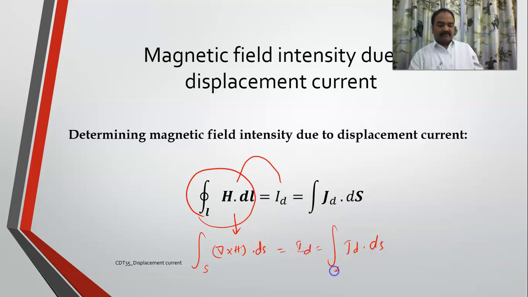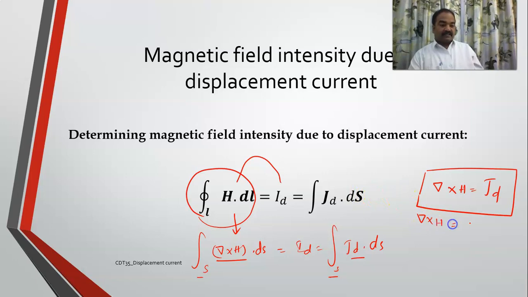If I remove the surface integral on either side, the expression is del cross H equal to JD, and JD is dou D by dou t. This is a relation between the magnetic field intensity and the electric flux density vector.